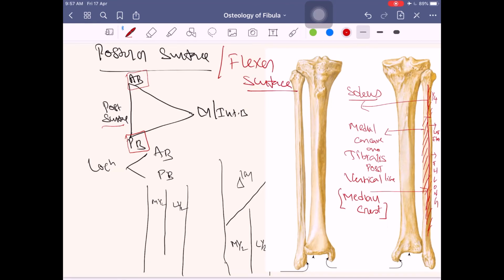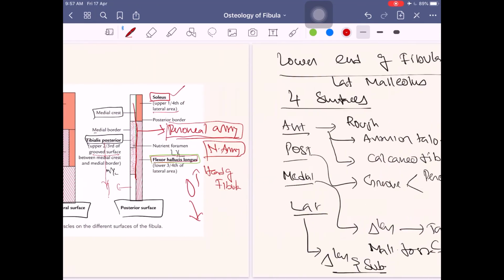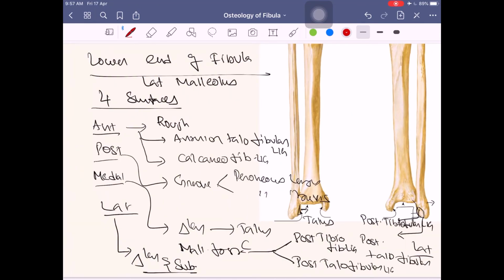Now let us talk about the lower end of the fibula. At the lower end of the fibula, the main feature is the lateral malleolus. You can see this is the lateral malleolus. Now there are four surfaces.